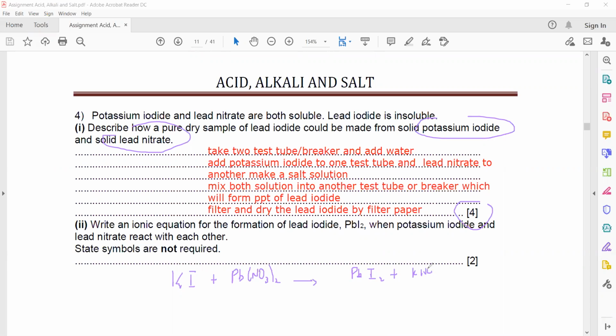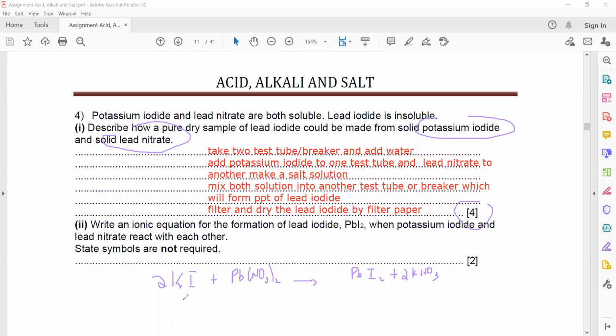The equation must be balanced. So 2 nitrates are there, I should put 2, and 2 potassium, so I should put 2. So equation is balanced. This is not the ionic equation, this is a full equation, but I should know the full equation to write an ionic equation.